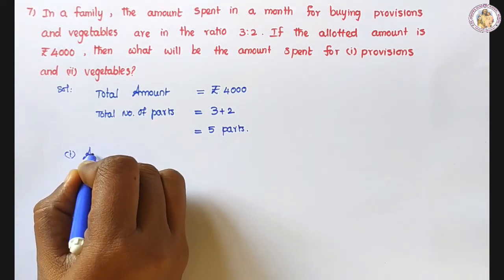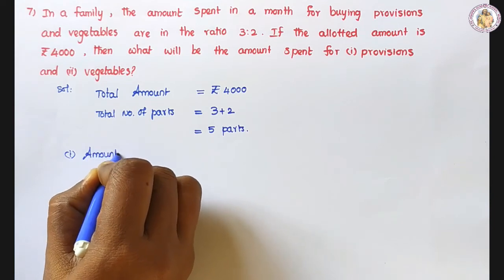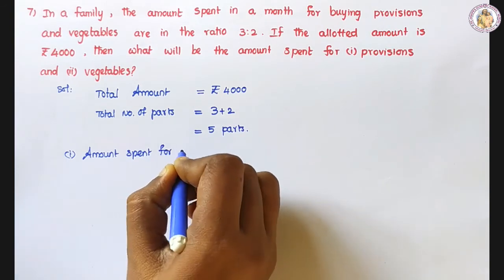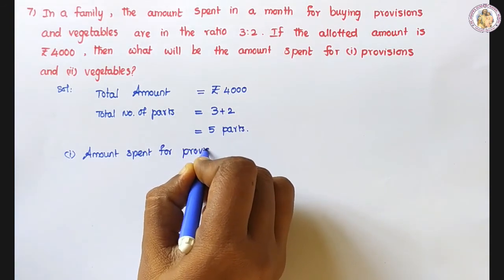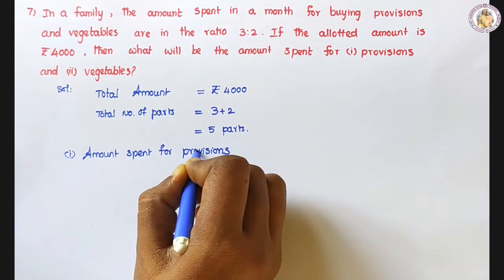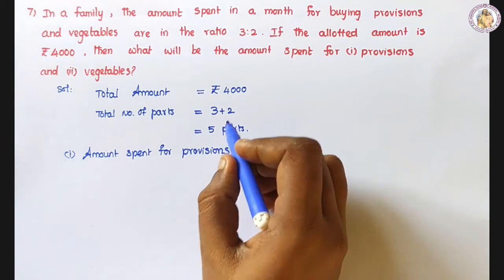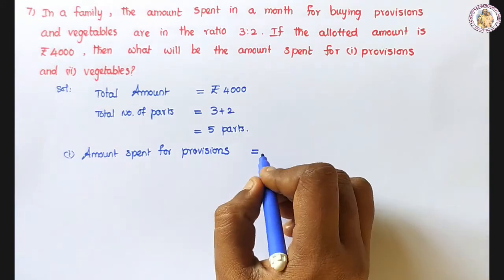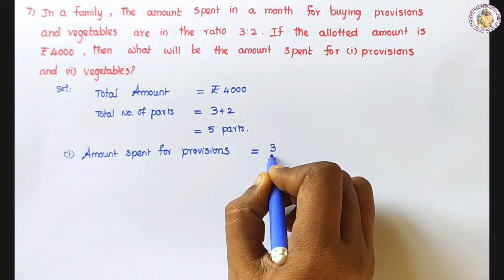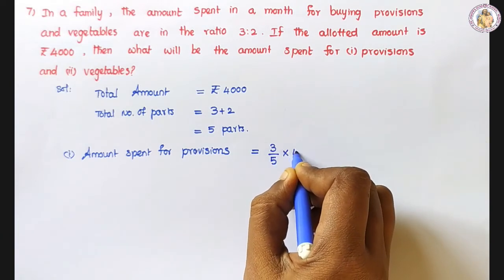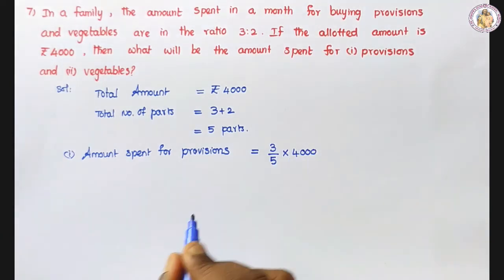First one, amount spent for provisions equal to how many parts for provisions? 3 parts. So 3 by total number of parts is 5 into 4,000.